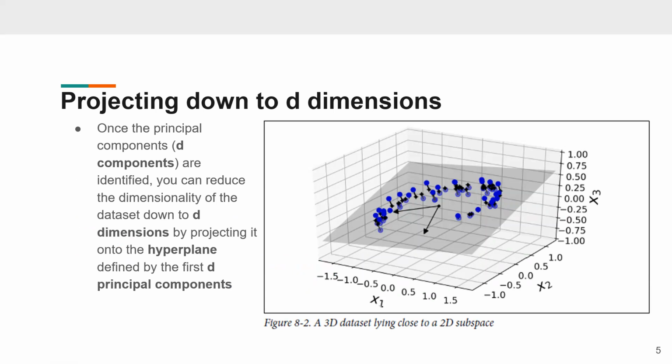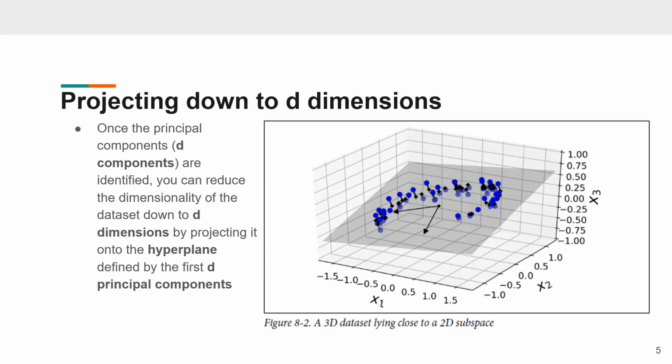Once you figure out which would be the components, assuming in the example we discussed earlier that you want to project 3D data onto two-dimensional space, once you know the direction you want to project, you would be able to reduce the dimensionality of the dataset down to d dimensions by projecting it onto the hyperplane defined by the first d principal components.